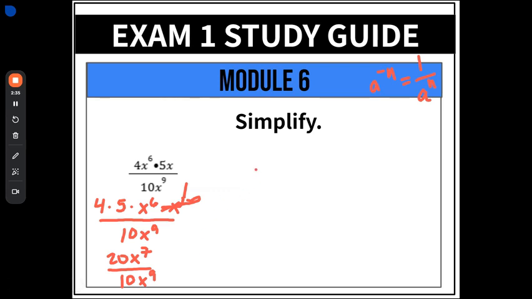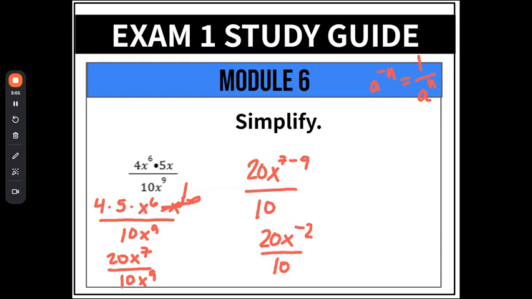So I'm going to move up here. So I'm going to rewrite my coefficients here. I've got 20 times x, and the exponent, I can rewrite this as 7 minus 9. And I'm going to leave the 10 on the bottom. Now when I do this, 7 minus 9 is negative 2, so I can rewrite this as 20 times x to the negative 2 over 10.